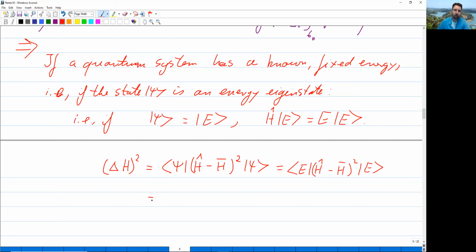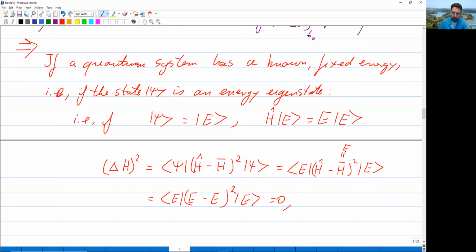E, which is... well, you see, the H hat acts on these energy eigenstates, producing the energy eigenvalue, which is E, right? So we obtain here that this is E minus E squared, E, which is 0.